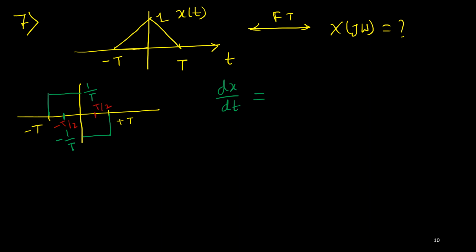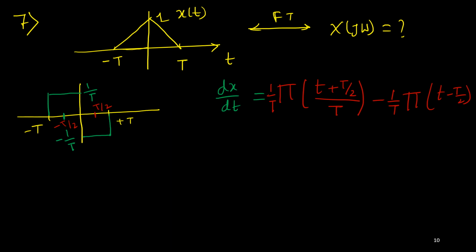So one pi function with minus T by 2, with width capital T. The slope is 1 upon T, so that also should be included, 1 upon T times these things. And the next one has magnitude minus 1 upon T, times pi of (t minus capital T by 2) upon capital T.